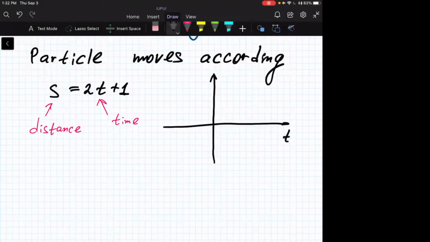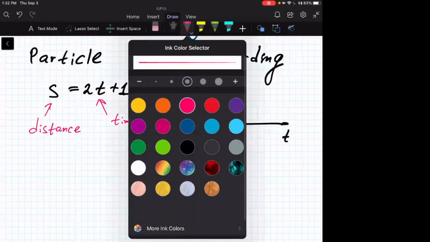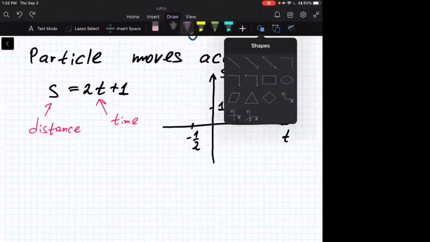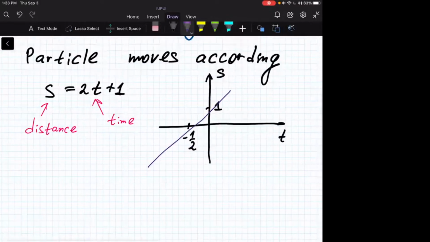So it goes through, when t is 0, so this is my t, time, and s, distance. So when t is 0, I get 1, and when t is minus 1/2, it is 0. So my line looks like this.